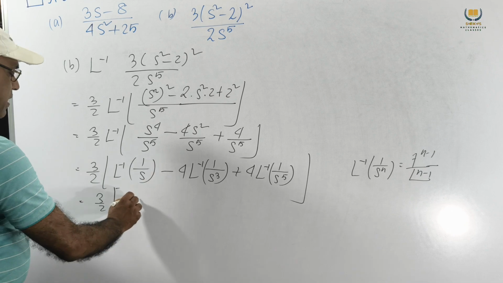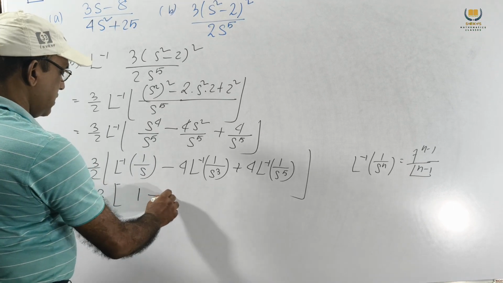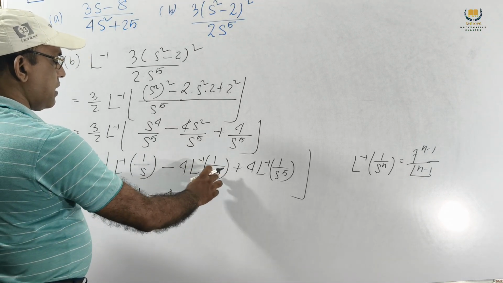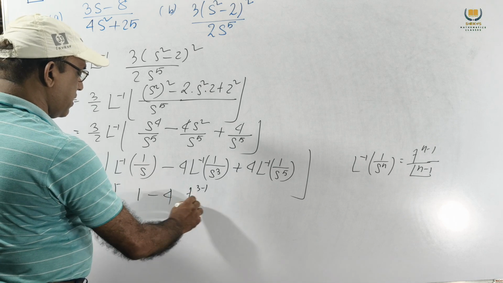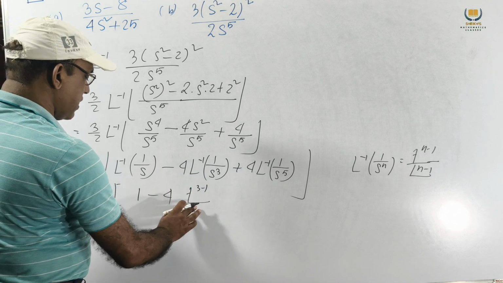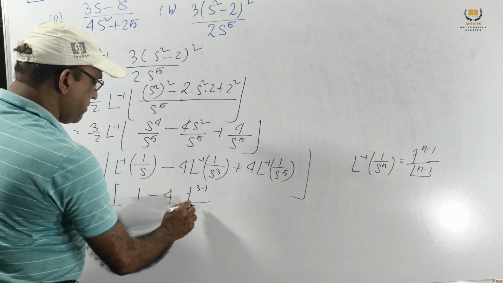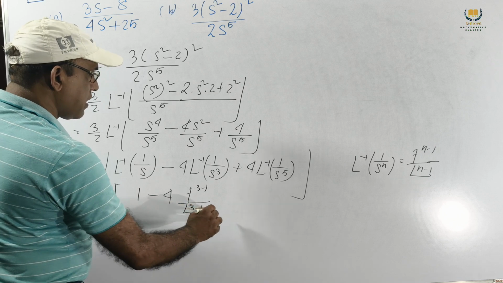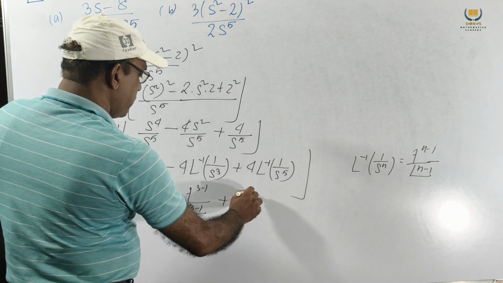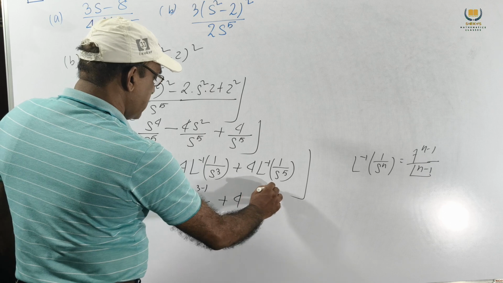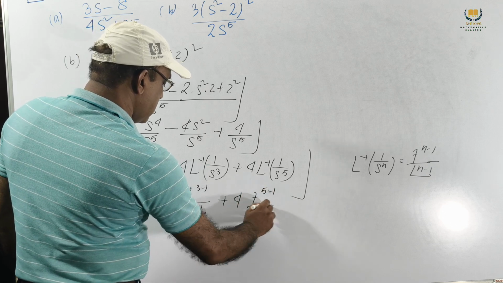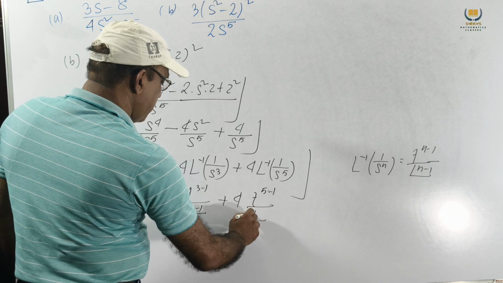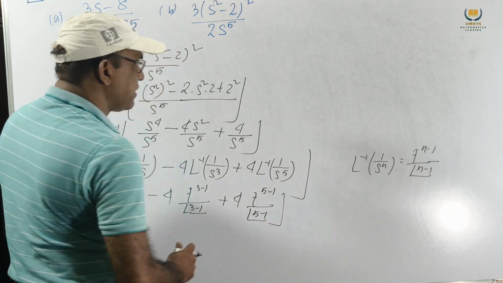L inverse of 1 by s means 1. For the next term, 1 by s to the power n gives t to the power n minus 1 by factorial n minus 1; here this is 3 minus 1. And the last term is 4 times t to the power 5 minus 1 by factorial 5 minus 1. We get this one.